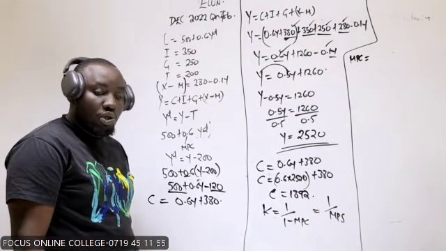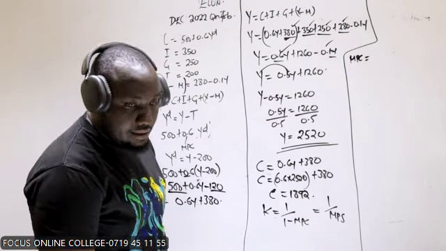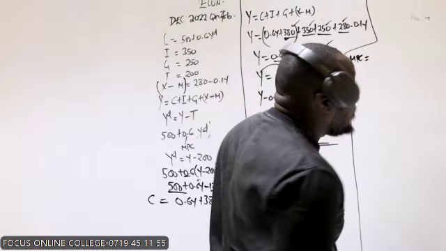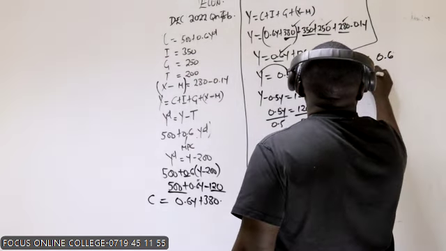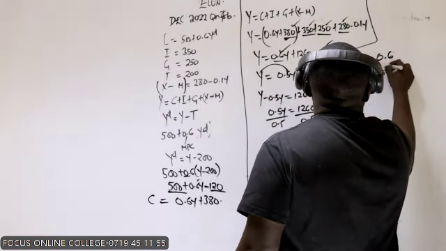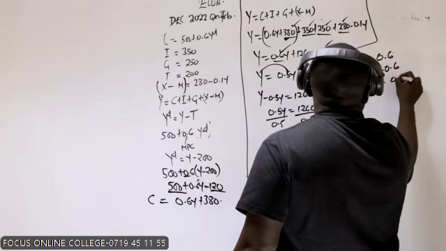You should pick it from the equation consumption function. What is the MPC? Thank you so much, 0.6. So what is the MPS? MPS should be 1 minus 0.6. So MPS is equal to 0.4.